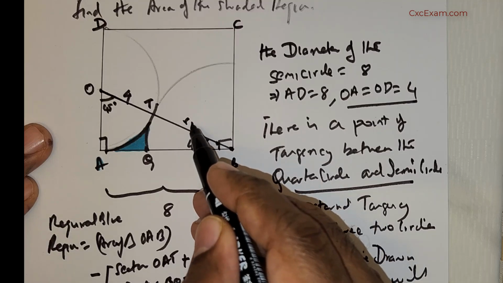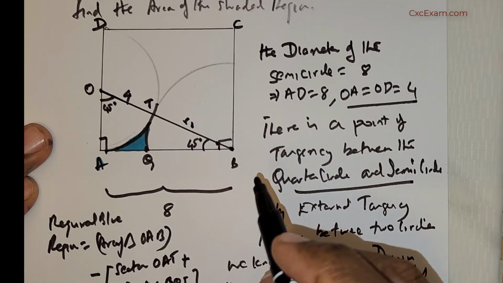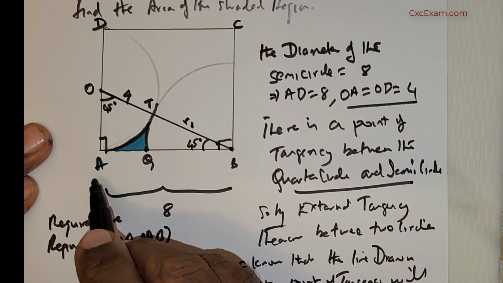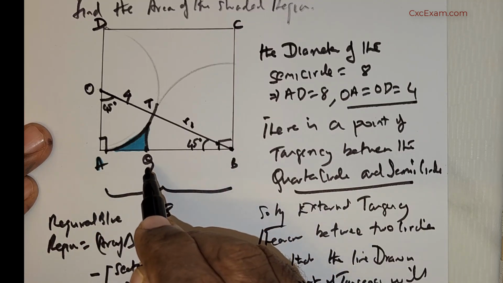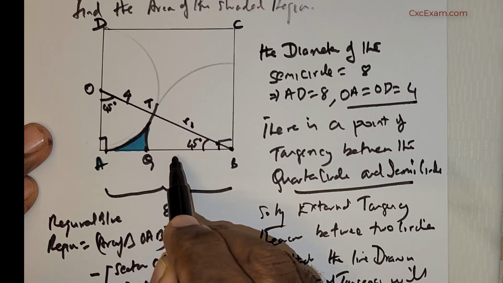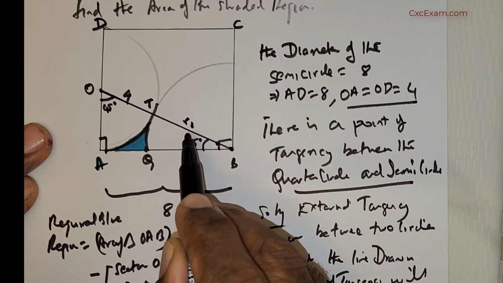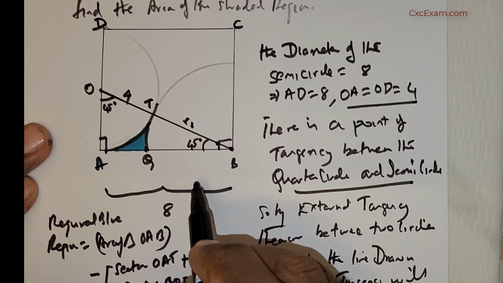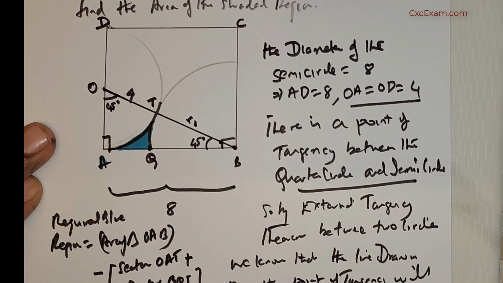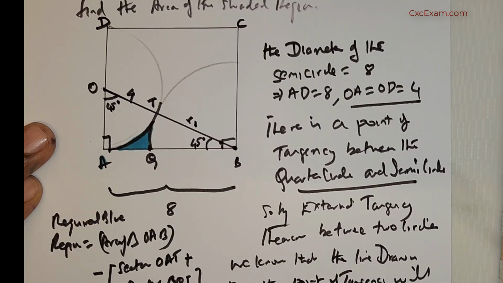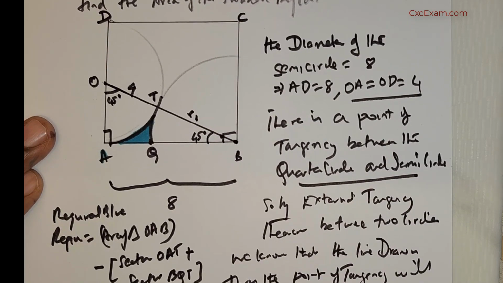But the main point is we need to get this radius r1. So if the entire distance is 8 units, and if I were to take this as r1, then we need to create an equation to represent r1 so that we can use it.